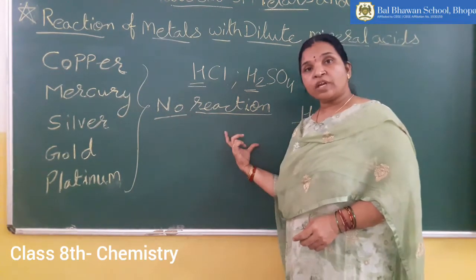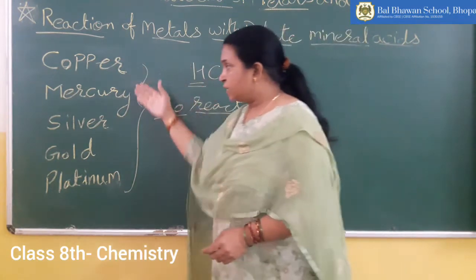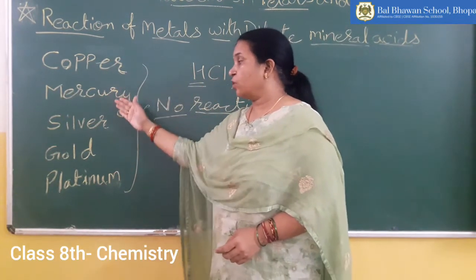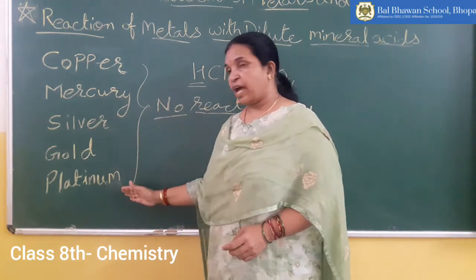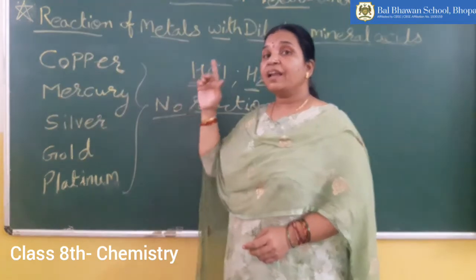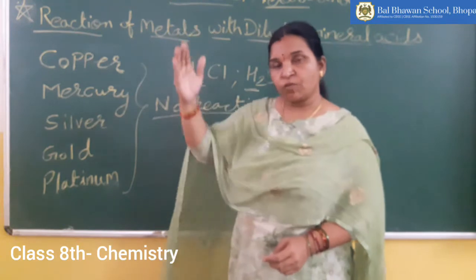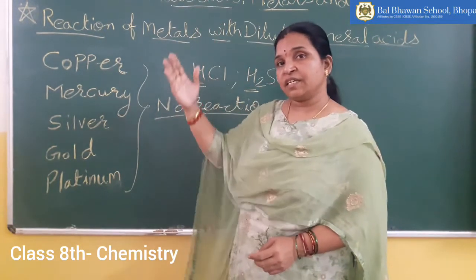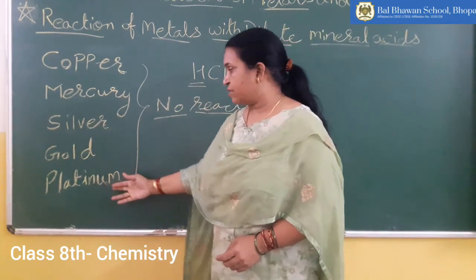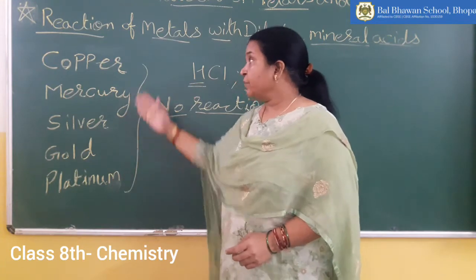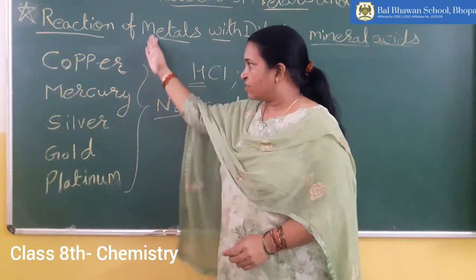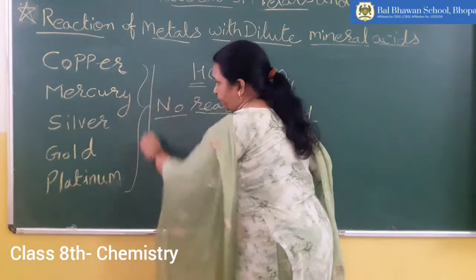Why there will be no reaction? These metals, copper, mercury, silver, gold and platinum, are less reactive or least reactive. We can say as we go down, they are considered the least reactive. The least reactive one is platinum. So the reactivity is decreasing in this order.